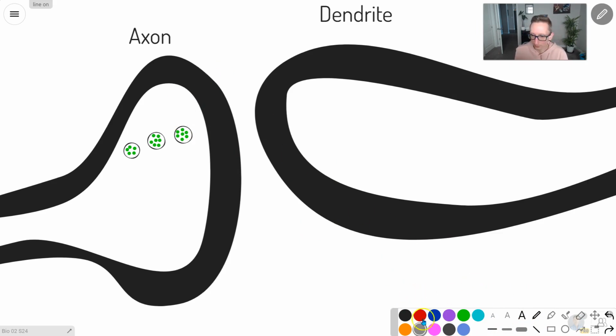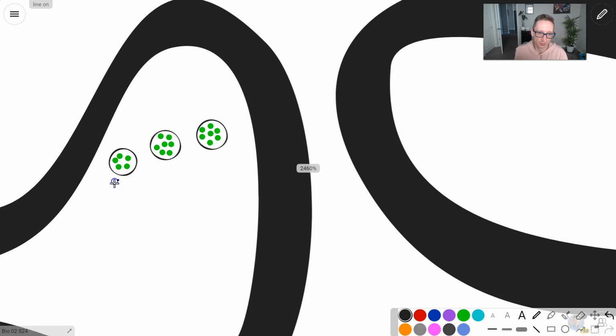This would be a vesicle. You're going to want to draw this whole thing kind of big. Sorry if you've already started. Vesicle. And it's full of neurotransmitter. All right. An example of this would be an excitatory signal. And a version of that would be acetylcholine.